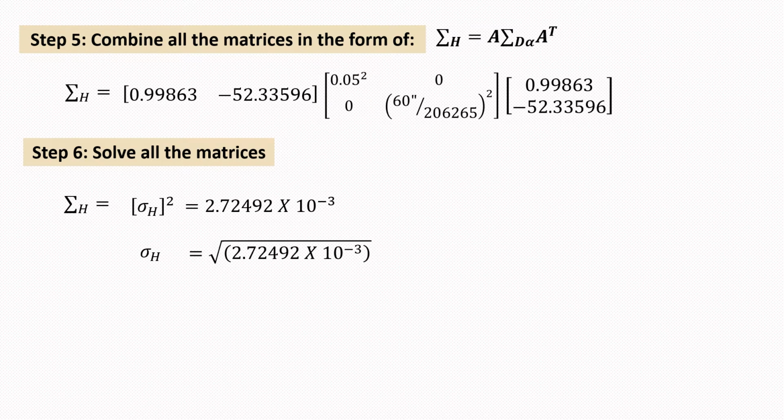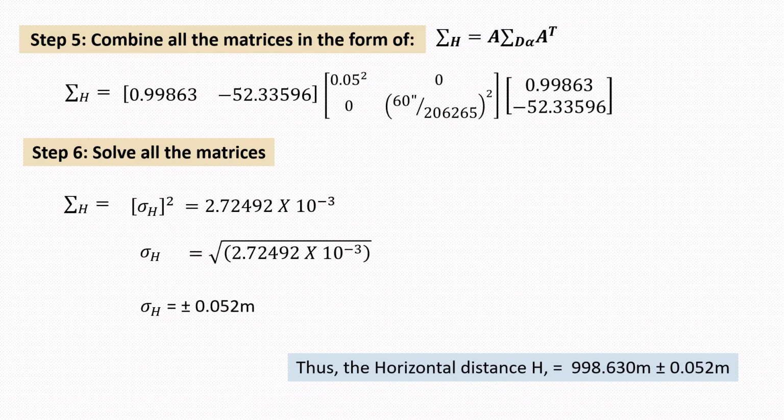Then, square root the variance in order to get the standard error value. So here, we get the standard error of horizontal distance h, which is equal to plus minus 0.052 meter. Thus, the final horizontal distance h is equal to 998.630 plus minus 0.052 meter.